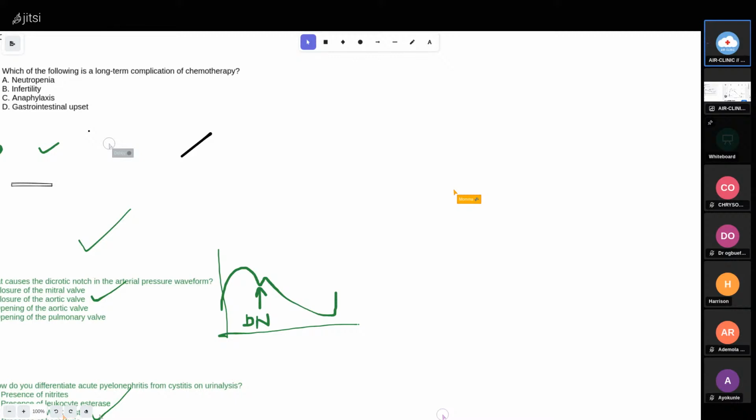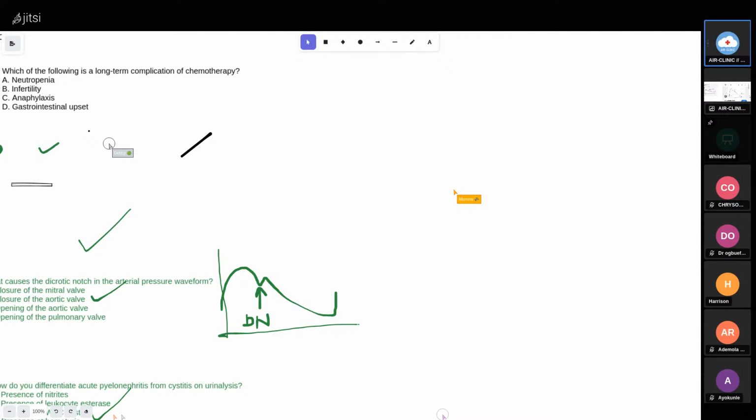Remember that everything about the body is about anastomosis. And then this one is now coming down. So this one that is coming down is called the right posterior descending artery.